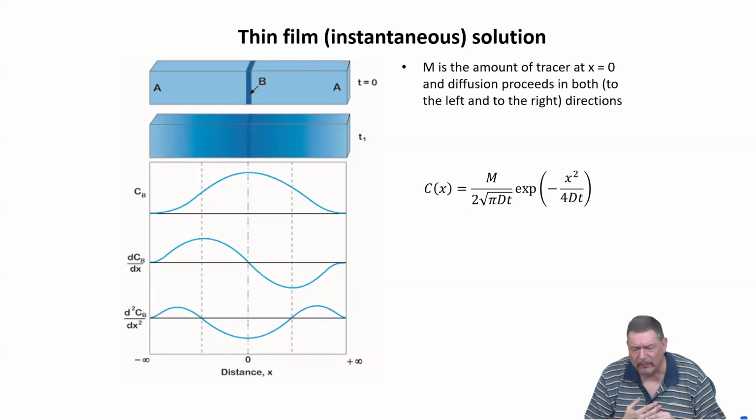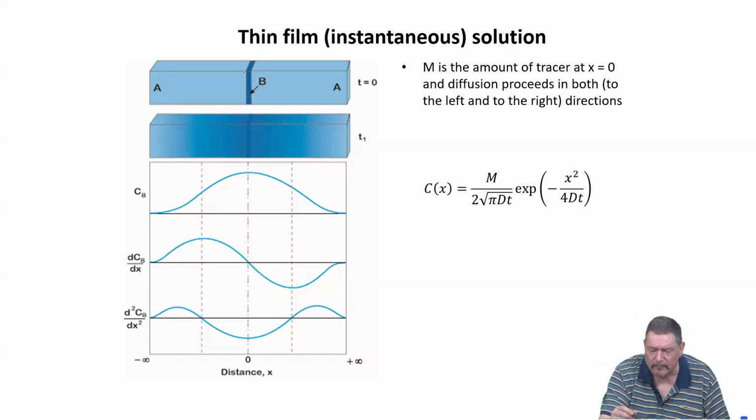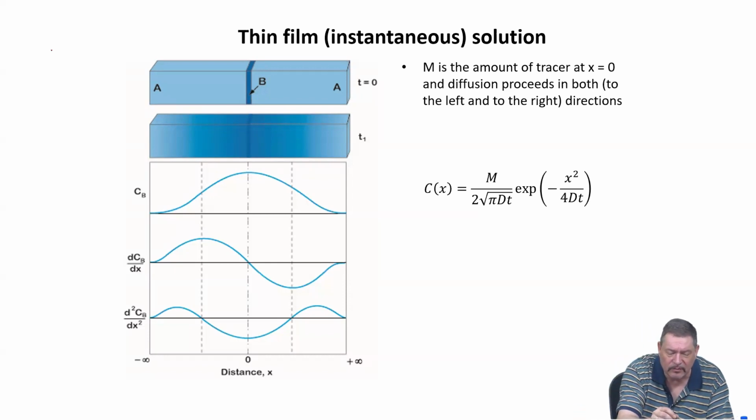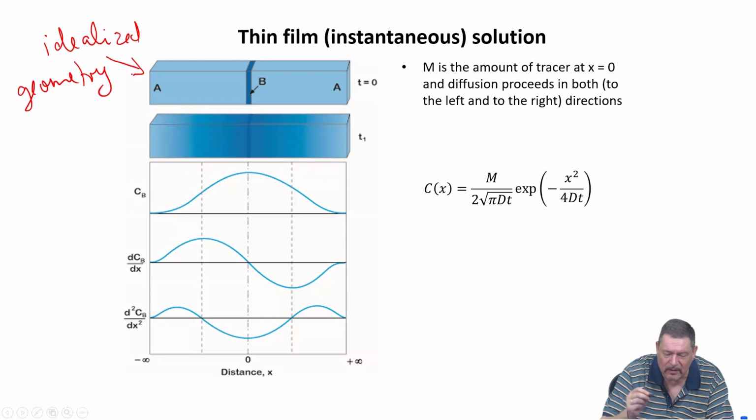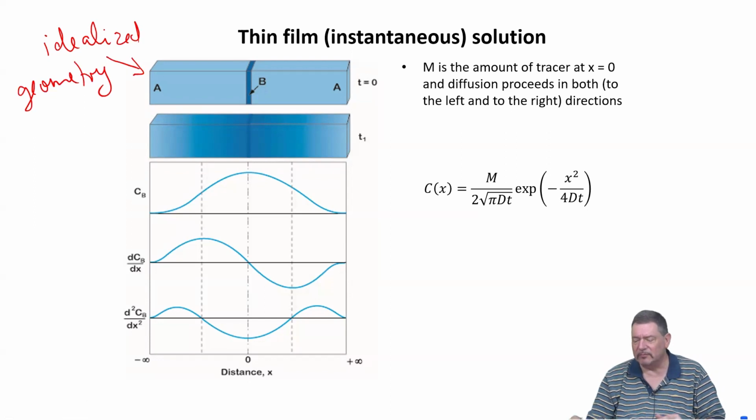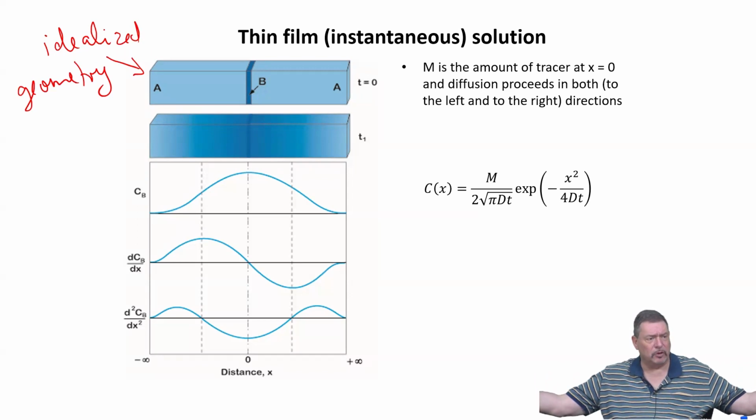One is called the thin film or instantaneous solution. It's a Gaussian solution, and it means that you have a geometry like here. So this is the idealized geometry. You have marked atoms B, which are forming a source for diffusion in between two semi-infinite half volumes.